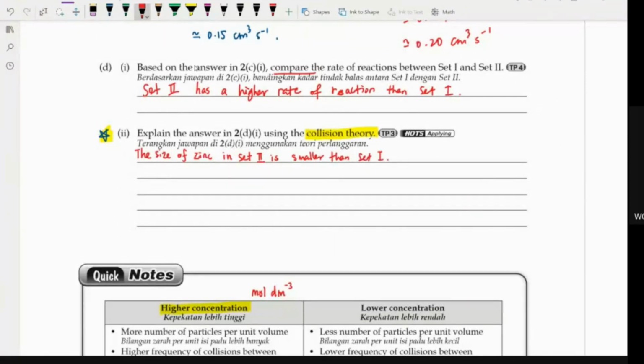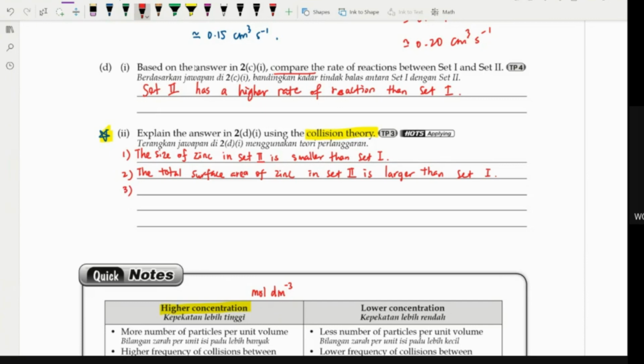Okay, so this is point number 1. Point number 2, the total surface area of zinc in set 2 is larger than set 1. So this is point number 2.